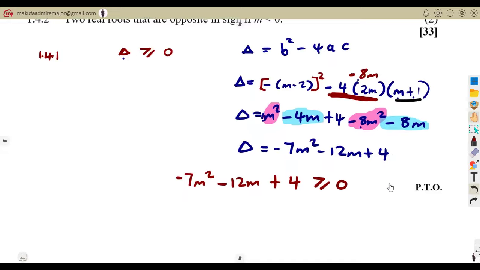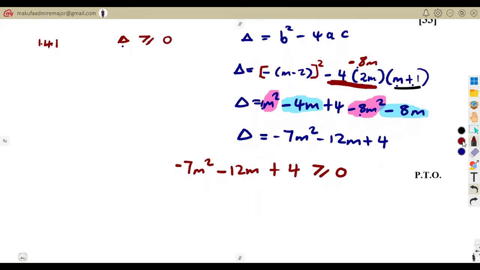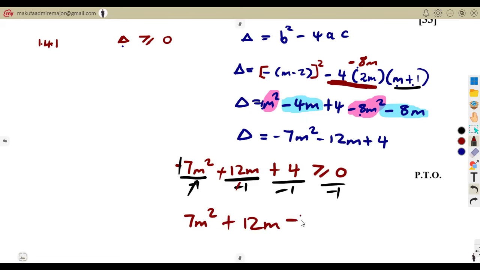All right, let's get rid of the negative that is affecting our m squared. There's a negative there. We can simply divide by negative 1, each and every term by negative 1. Knowing the effects of dividing by a negative, the moment you divide by a negative, what is going to happen? It is going to affect our inequality sign because you divided by a negative.